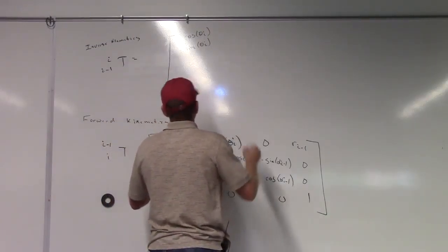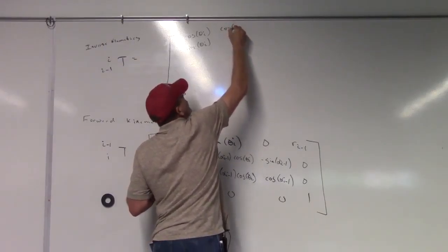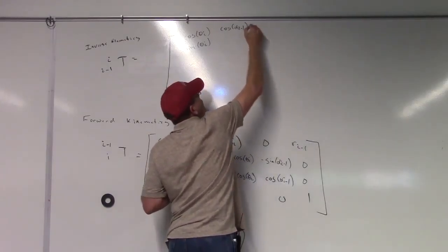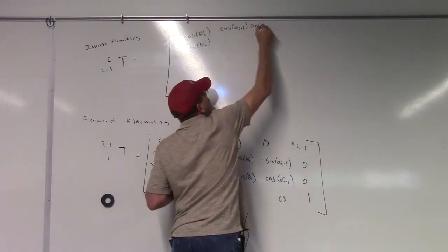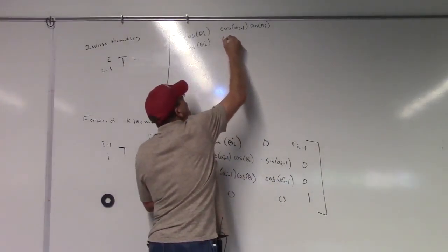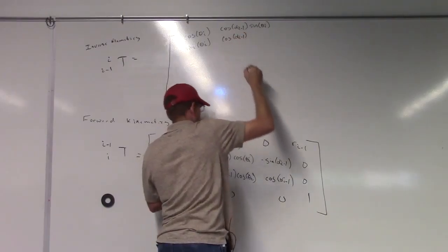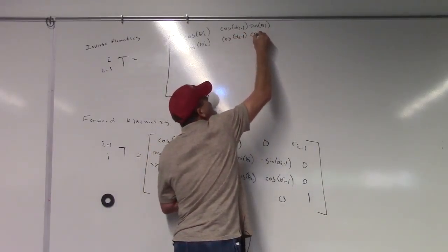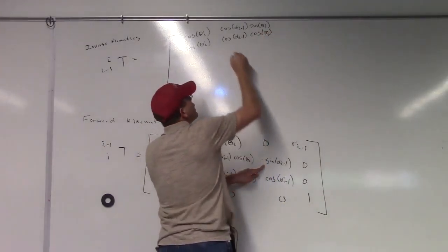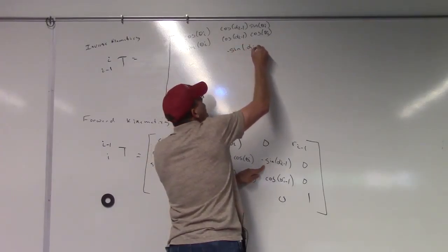Second row: cosine of alpha i minus 1 times sine of theta i, cosine of alpha i minus 1 times cosine of theta i, and negative sine of alpha i minus 1.